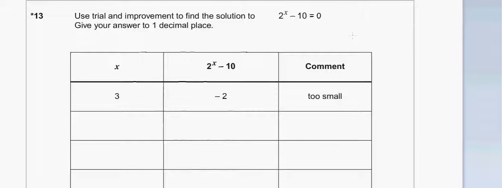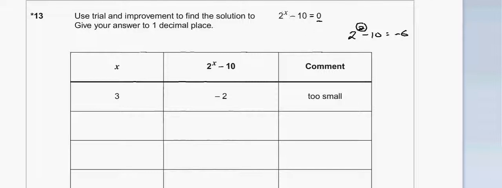So for example, if I had 2 squared and I tried 2 squared minus 10, now 2 squared is 2 times 2, which is 4. 4 minus 10 is minus 6. Now we want to get as close to 0 as we possibly can. So I can see that x is not 2.